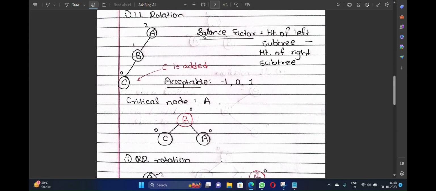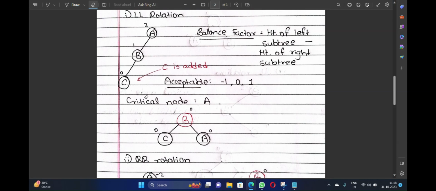Keep that in mind. What is balance factor? How to calculate this balance factor? We can calculate this balance factor for each node. Each node can have its own balance factor. Look at this 0, 1 and 2. It is the balance factor. So balance factor of C is always 0 because it doesn't have any child nodes. Balance factor is height of left subtree minus height of right subtree.